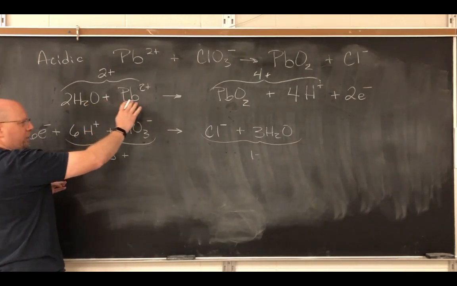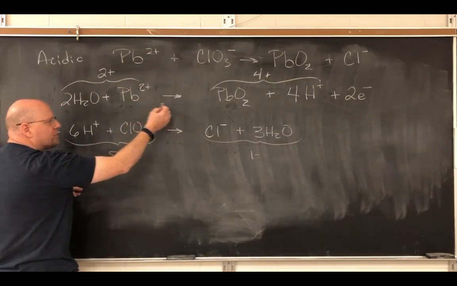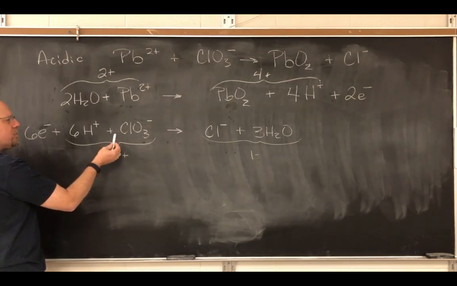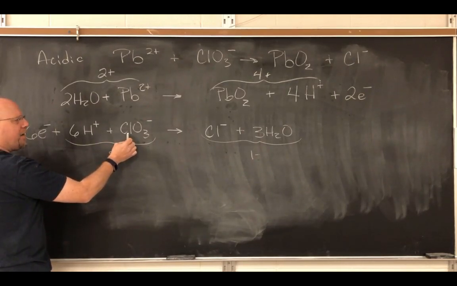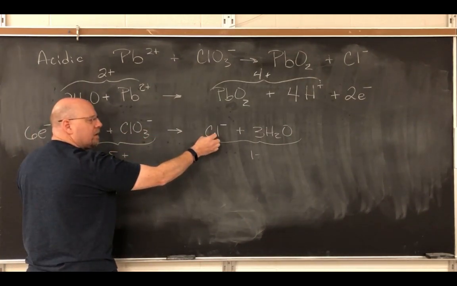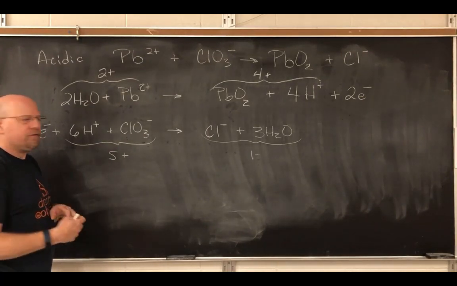In the first reaction, we saw that it loses 2 electrons because we've got a lead going from a 2+ to a 4+. In this case, we had chlorine going from a 5+ to a 1 negative, and that requires the gain of 6 electrons.